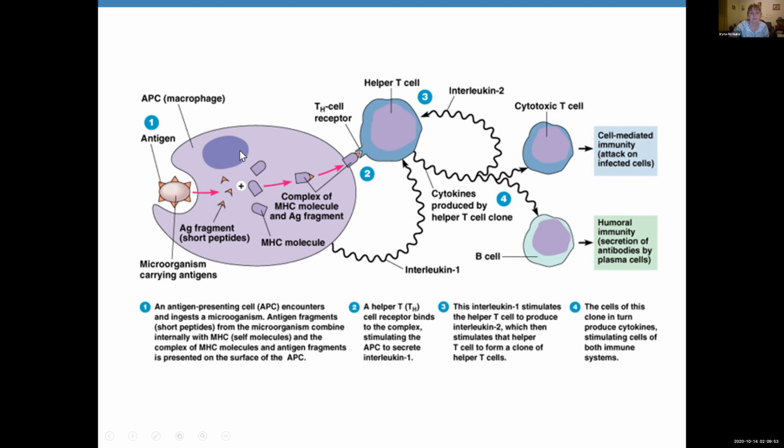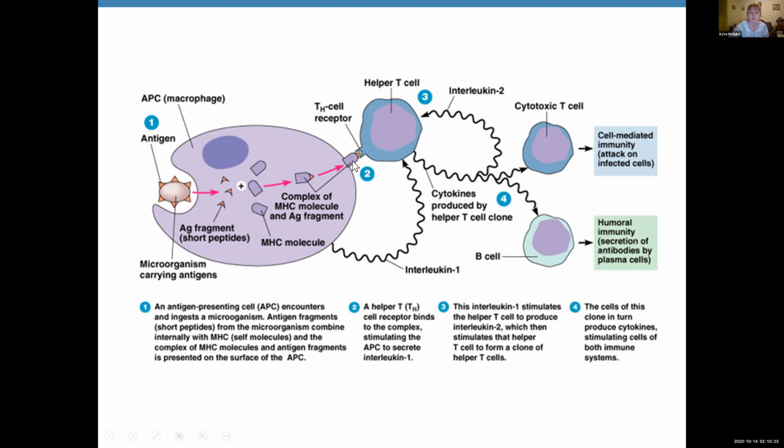a macrophage engulfs, let's say, a microorganism, some bacterium, what's going to happen? It's going to chop it up, digest it into small fragments. And some of these fragments will be presented on the surface of the macrophage, binding to an MHC molecule.